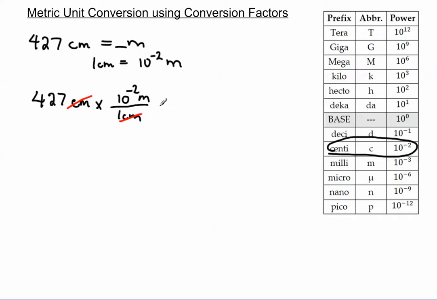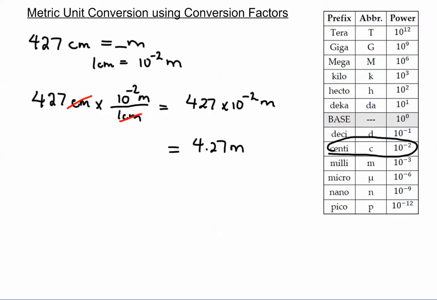Now that gives us 427 times 10 to the minus 2 meters. Remember, times 10 to the minus 2 is like dividing by 100, or moving the decimal 2 places, so we're going to write this as 4.27 meters.